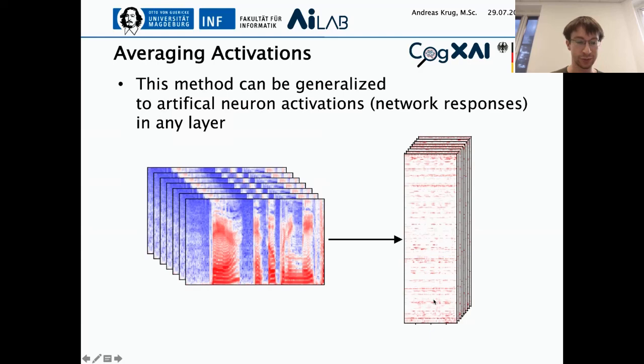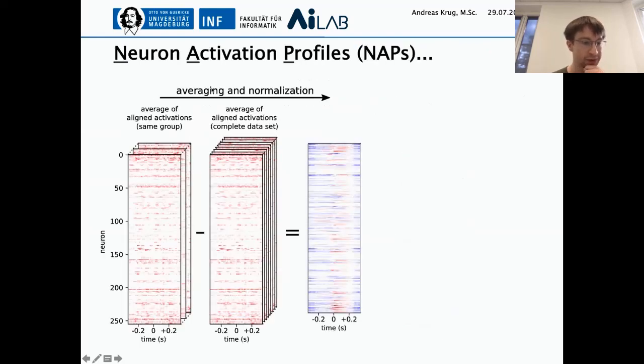We can apply it in the exact same way: we take all the activations of a particular layer and average them over a particular group, say all the activations in a layer for letter A. Then we subtract the average over the complete data set, this normalizer, and we end up with the group average of activations, normalized, for this particular letter in this one layer.